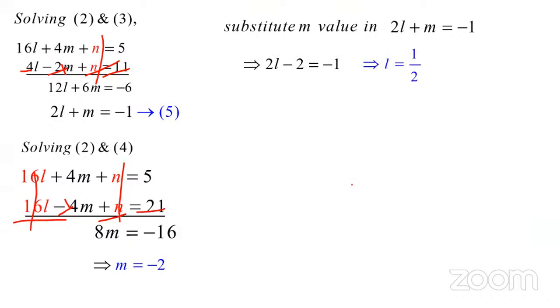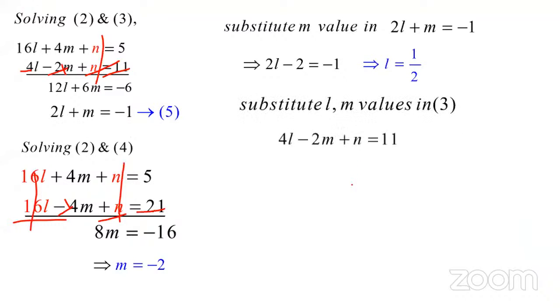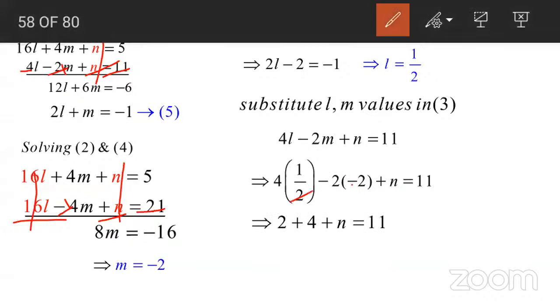Substitute the L and M values in equation 3: 4 of 1 by 2 minus 2 of minus 2 plus N equals 11. Here 2 and 2 of minus 2 is minus into minus, plus.